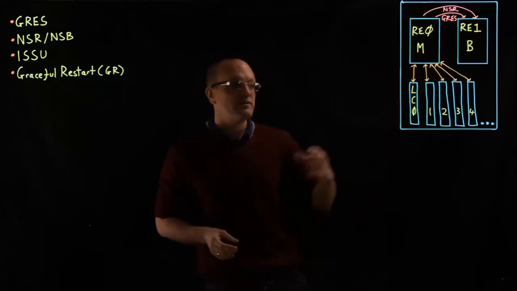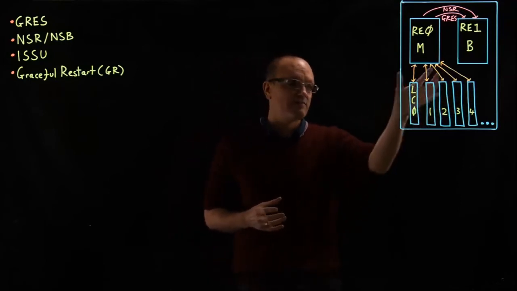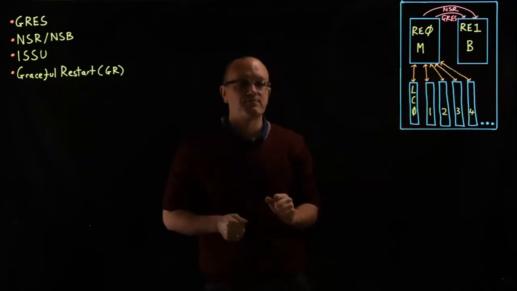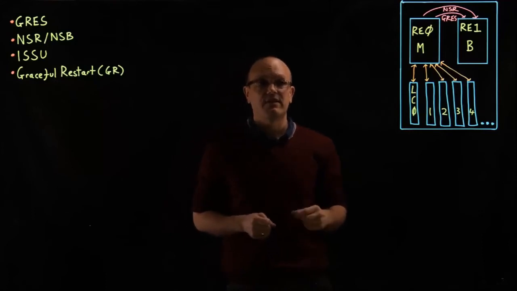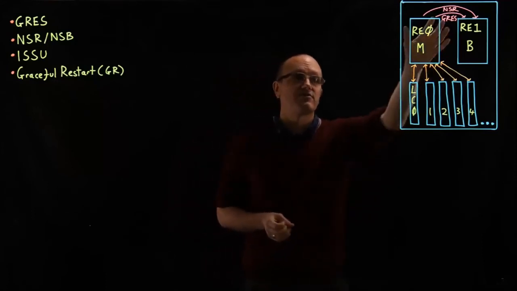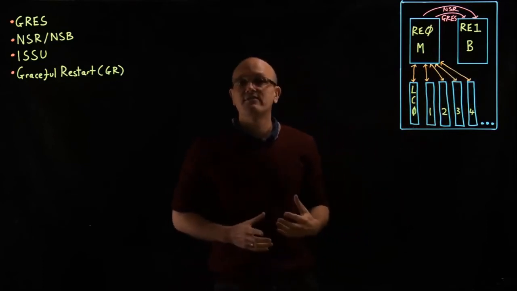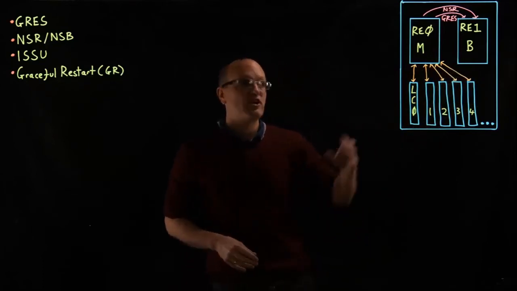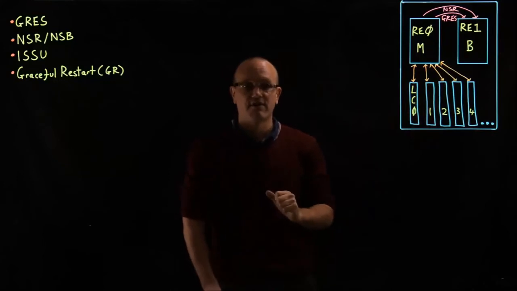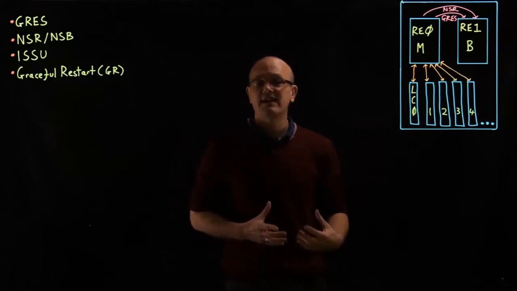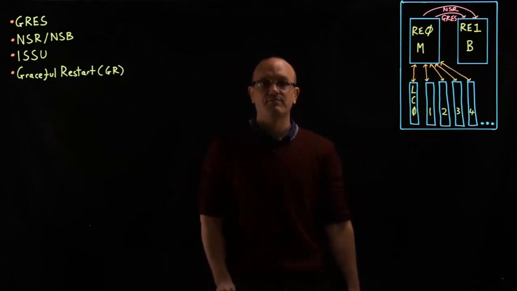So that's all the state regarding interfaces on the line cards. So what this means is that if we now have a master routing engine failure, the line cards no longer need to reboot when they reform adjacencies to the new master. So this significantly improves convergence times.